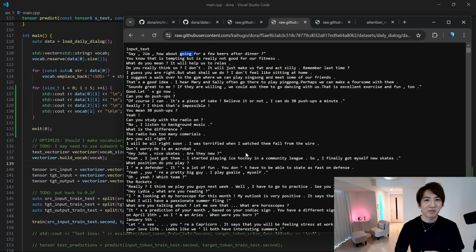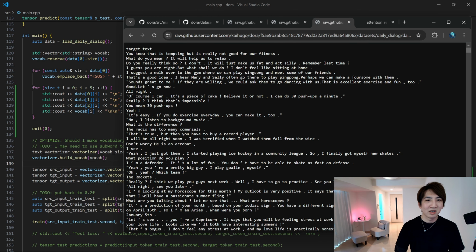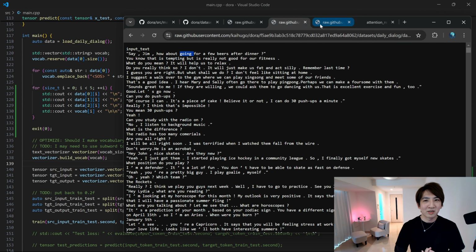In the inputs dataset, some of the prompts are missing that are in the targets prompts. Same for targets, some prompts are missing that are in inputs.